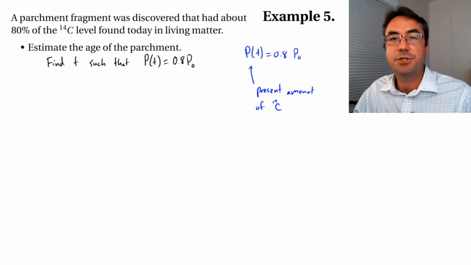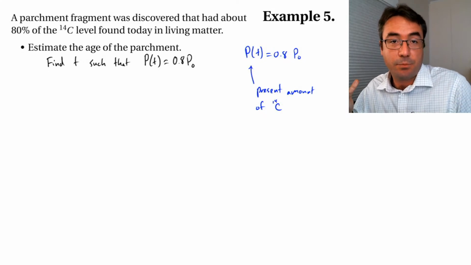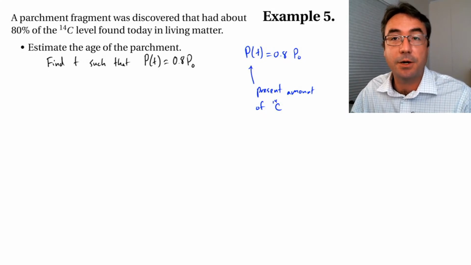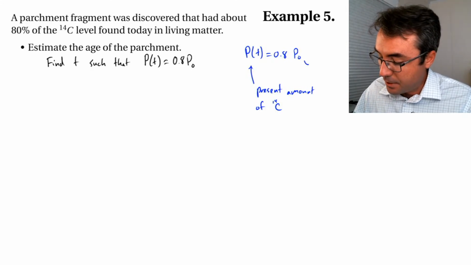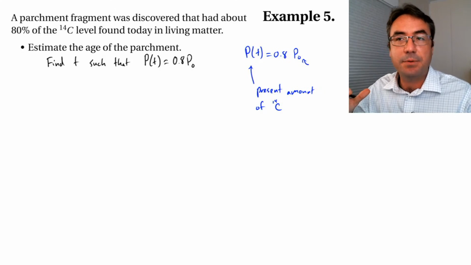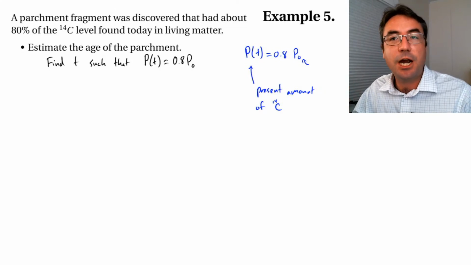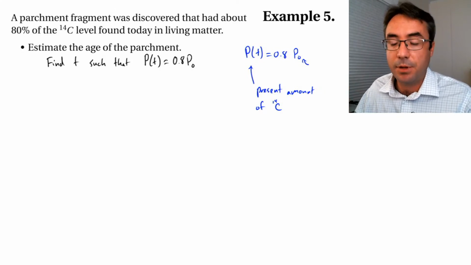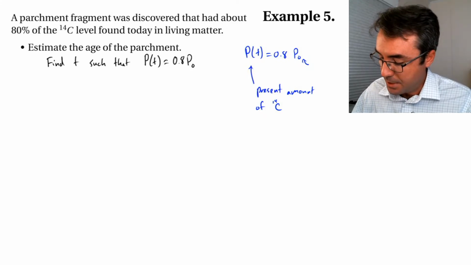So that's how much carbon-14 is going to be presently in our parchment. And then P0, this was the initial amount. So right when that plant stopped living, this is how much carbon-14 was in the plant material then. So this is our initial amount.